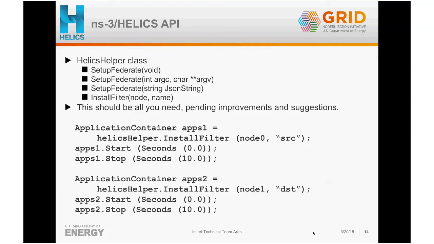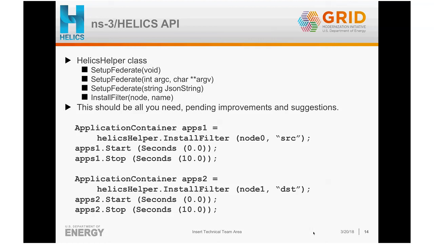So you install filters on these names. And so, like I said, if you have thousands of nodes in your well-vetted NS3 model, you can just pick a couple of them to install filters on and give them some names from your corresponding message federate endpoints.